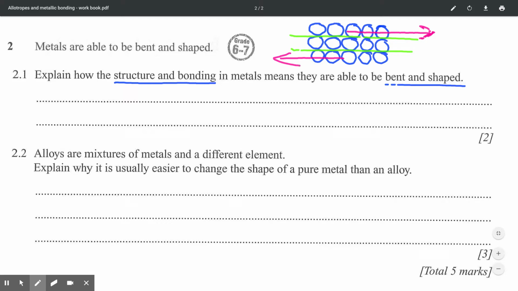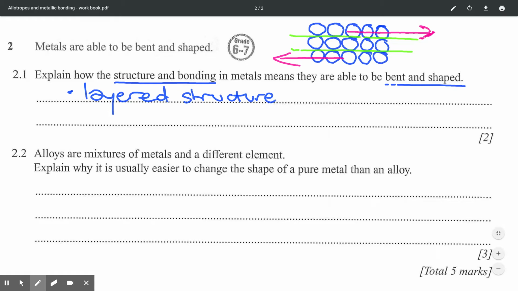Okay, so to get the marks for this question, which is just a 2-mark question, the key point is we're looking at a layered structure, and the layering of this. In a similar fashion, again, not identical situations, but like graphite.